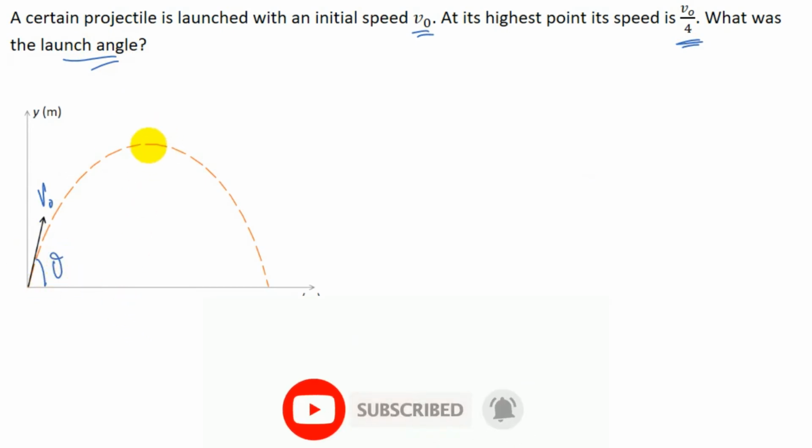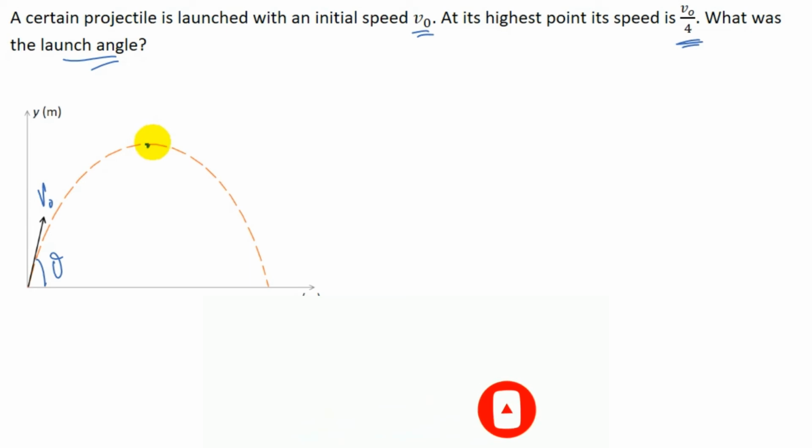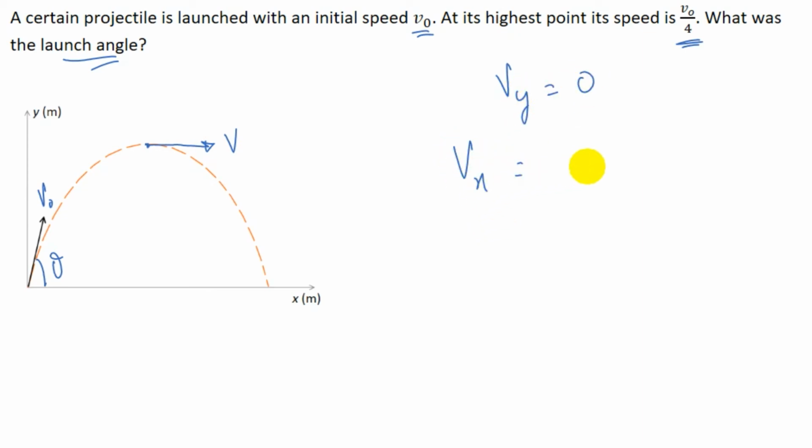So at the highest point, the velocity vector would be something like that. At the highest point the vertical component is 0, vy is 0, and the horizontal component vx is always constant throughout the motion, which is v0 cosine theta.